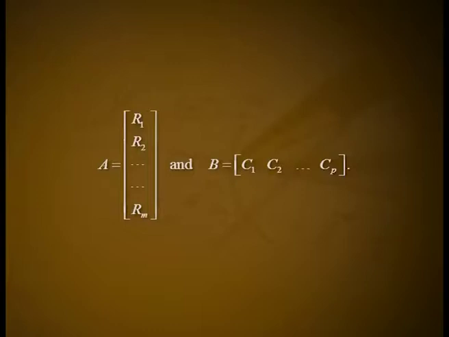Theorem 2. Every elementary row transformation of a product of two matrices can be effected by subjecting the prefactor to the same row transformation. Proof. Let C = AB. If R1, R2, ..., Rm are the row vectors of A, and C1, C2, ..., Cp are the column vectors of B, we can write A as the column matrix R1, R2, ..., Rm, and B = C1, C2, ..., Cp.